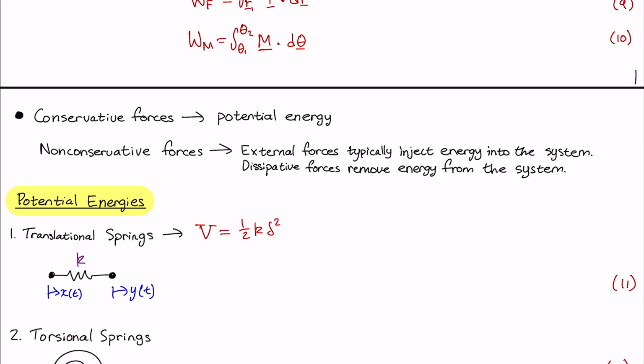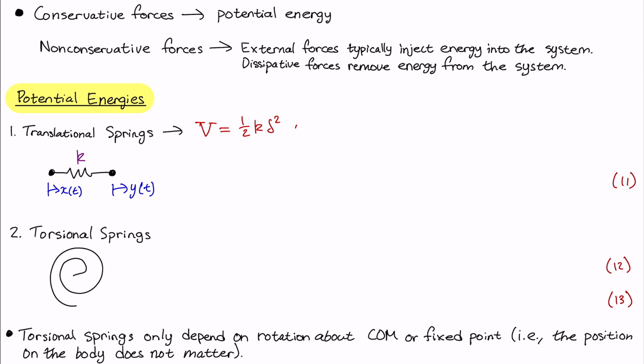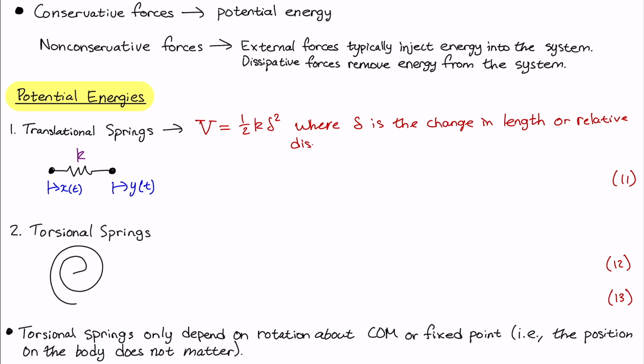That spring stiffness is k, and here this delta is a change in length, or the relative displacement across the spring.